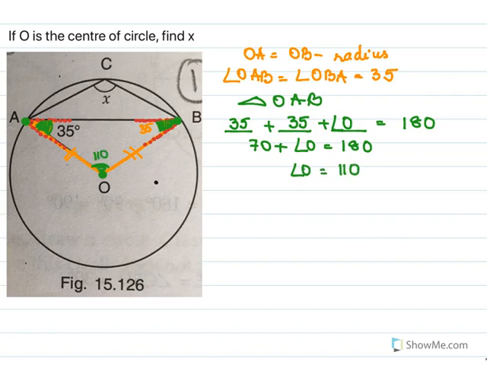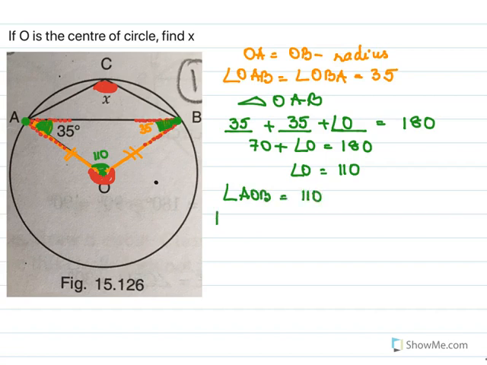So this is 110. Now remember, our aim is to find x, and this x is connected with this angle. So we need to find this angle. So first we know angle O, that is angle AOB equal to 110.